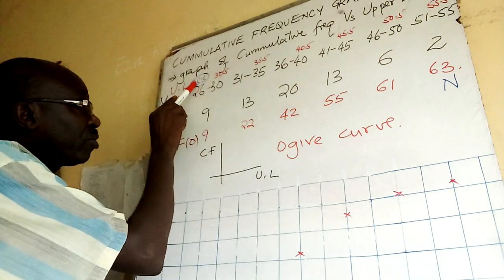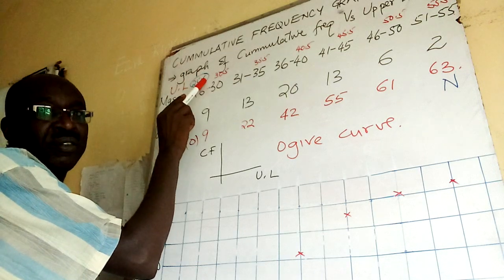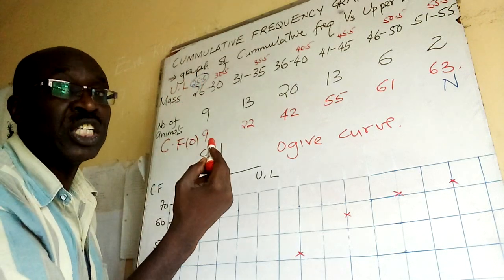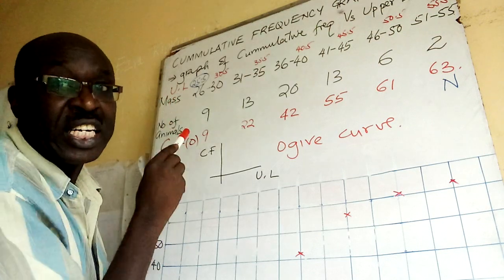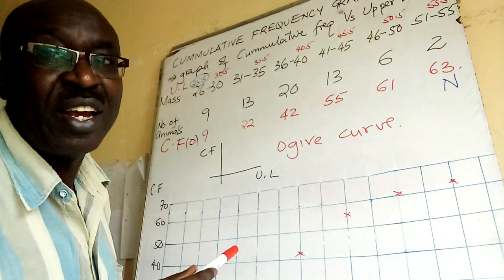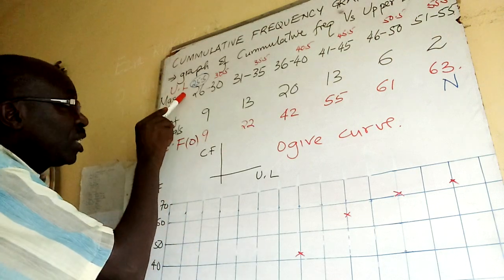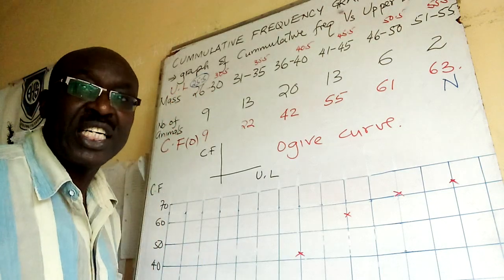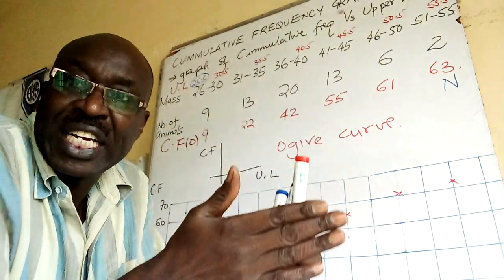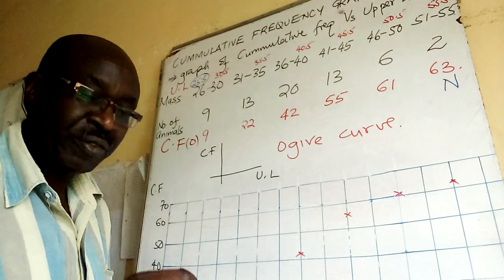What is the lower limit of the first class? 25.5. It presupposes the other class, if at all it is there, ended with 25. So 25 plus 26 divided by 2, you get the middle. Okay? That's why we're getting 25.5.